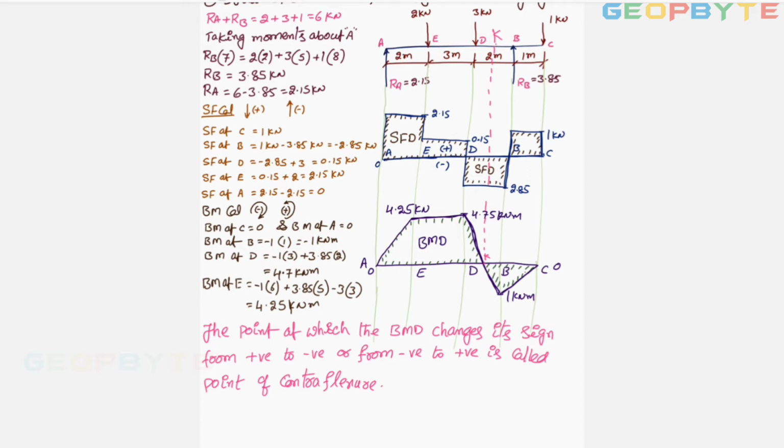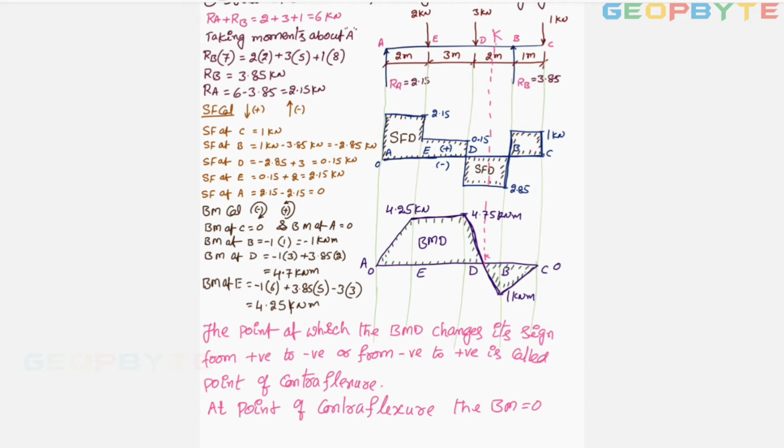So at the point of contraflexure, the bending moment is equal to 0. Now let us find the point of contraflexure. According to our diagram, it is occurring in between B and D.